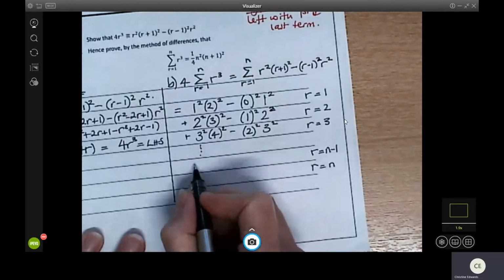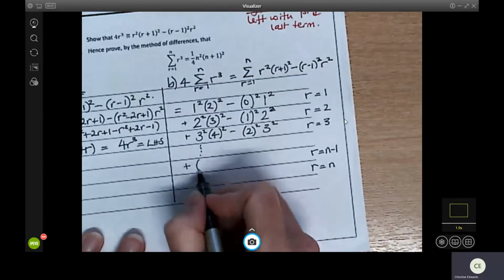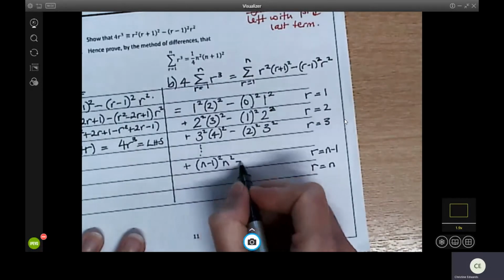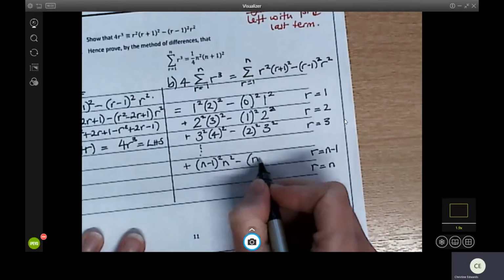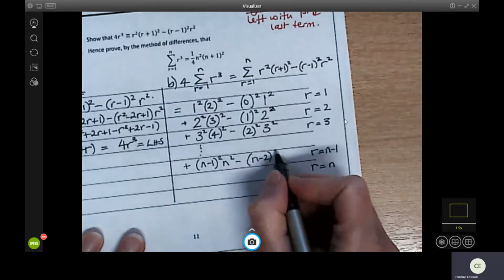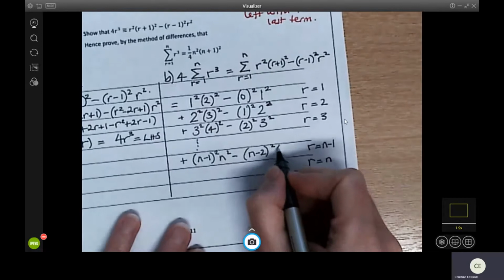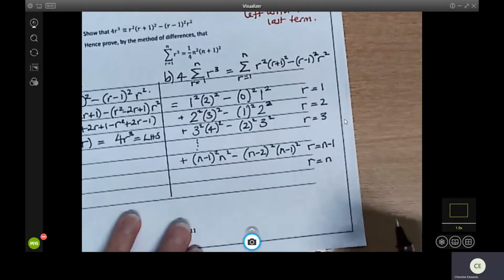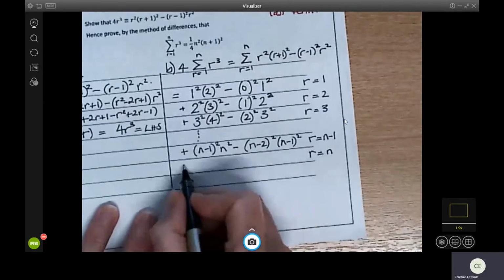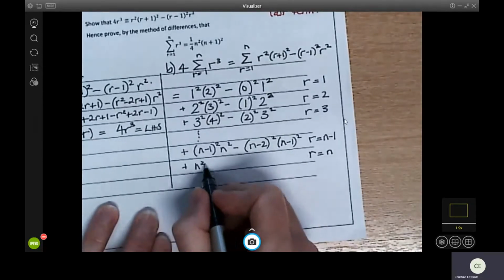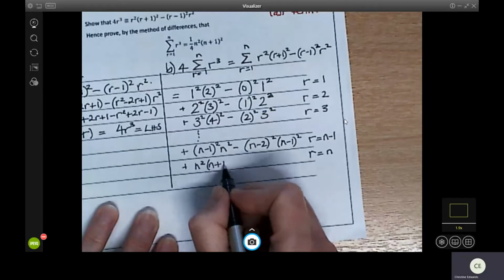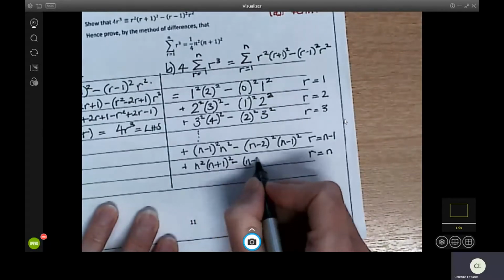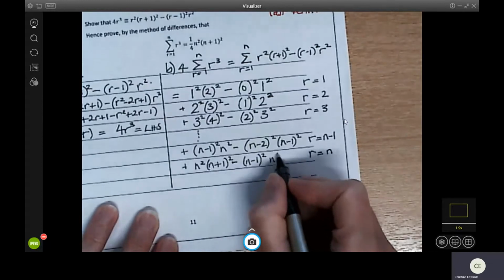So for n minus 1, that's going to give me (n minus 1) squared n squared, minus (n minus 2) squared (n minus 1) squared. And last but not least, we get n squared (n plus 1) squared minus (n minus 1) squared n squared.